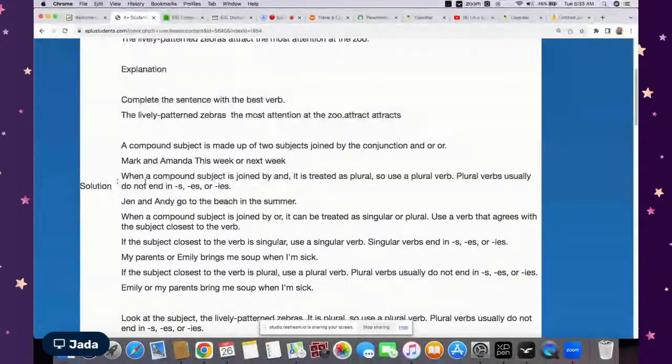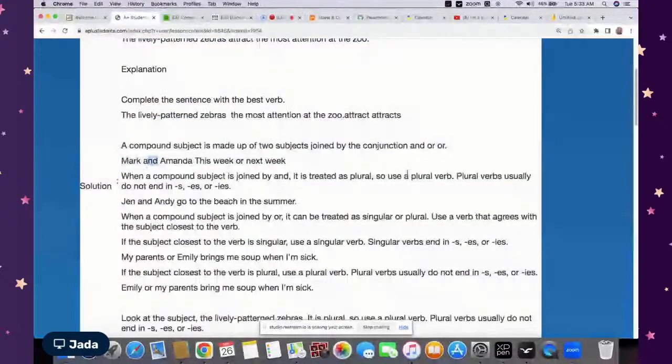When a compound subject is joined by and, I hope that you all will pay attention because this is a lot different from the first lesson. When a compound subject is joined by and, it is treated as plural. So once you see the compound subject and it has and, just know that it is plural. Just like here where we have Mark and Amanda starting the sentence, because of the and, it is plural.